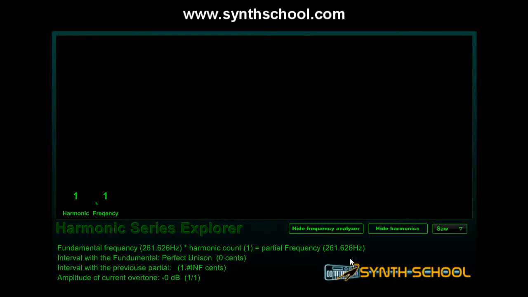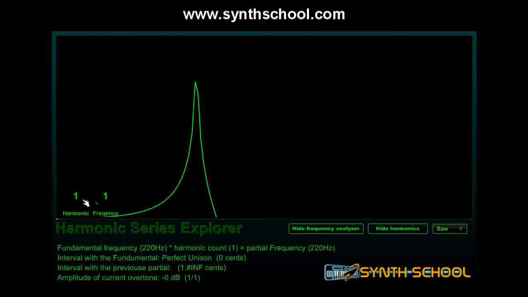Let's look at the same thing on the frequency analyzer. Here is a saw wave. This is our fundamental frequency, and now we're going to add the overtones.